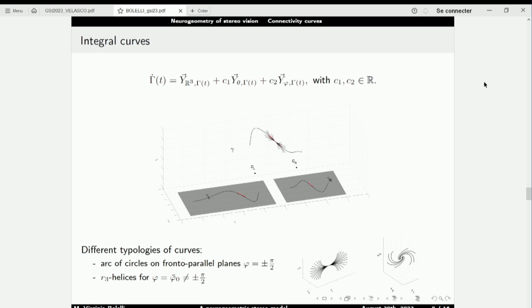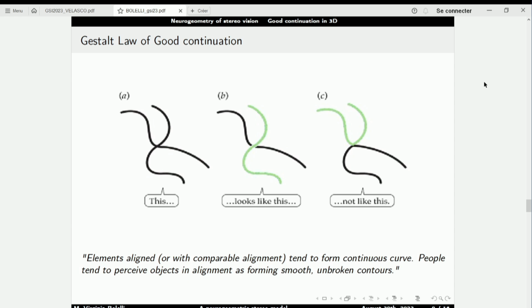And moreover, we can also recover helices whose spirals develop in depth in accordance with the stereo model proposed by Zucker. Well, to us, these curves are important because they are thought to be at the basis of the Gestalt law of good continuation. This is one of the laws governing the formation of visual percepts, and in particular, it states that elements aligned in space tend to be seen as belonging to the same perceptual unit.